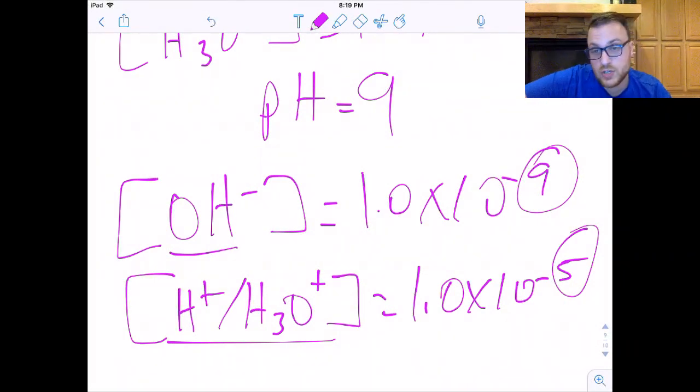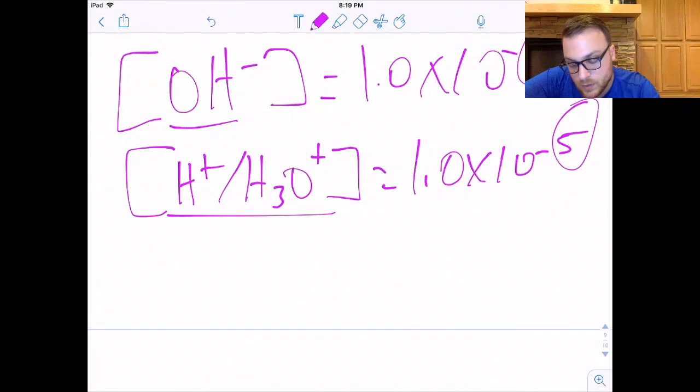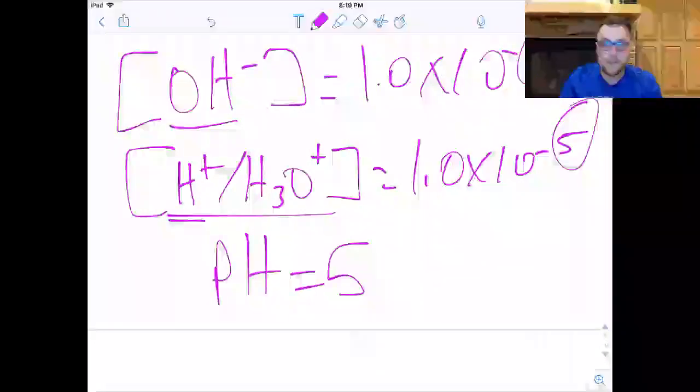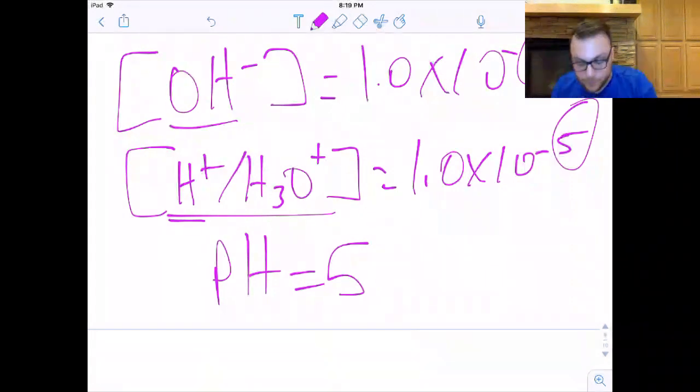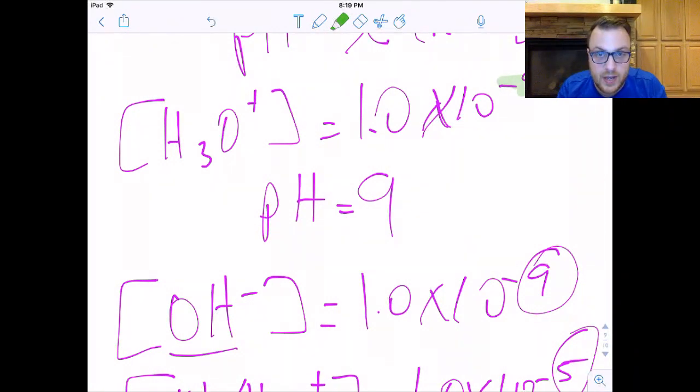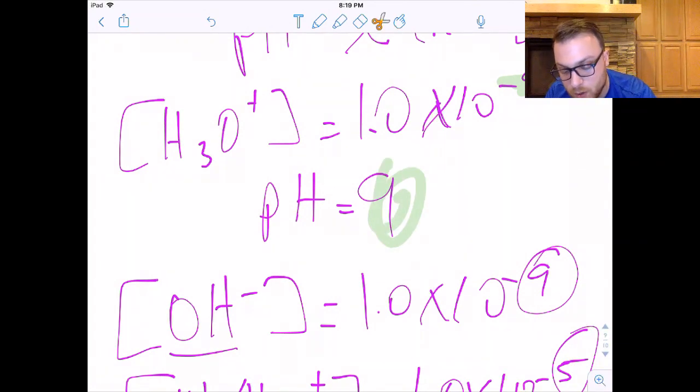So your pH, once you've converted it to the right number, is 5. So the less H3O plus / H plus you have, the more basic you are. The more you have, the more acidic you are.